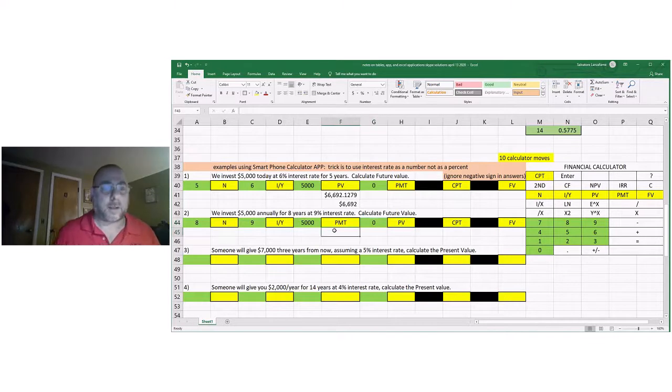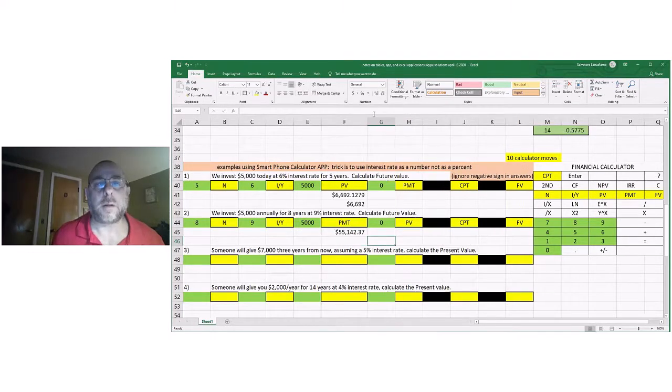So if you go through the math, 8N, 9IY, 5,000 payment, 0 PV, compute future value, 10 moves, you should have come up with 55,142.3690. That's what I got on my screen, but you probably have negative in there.